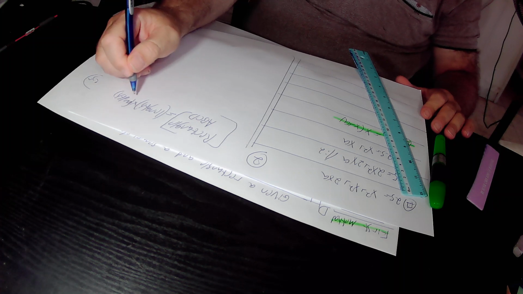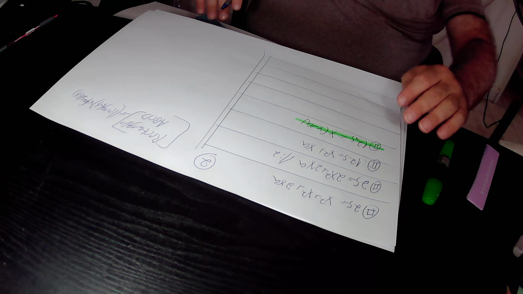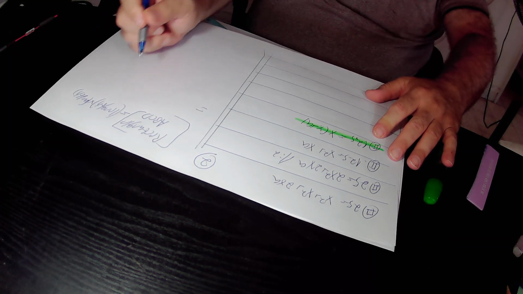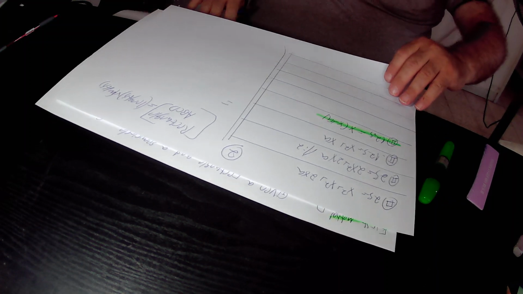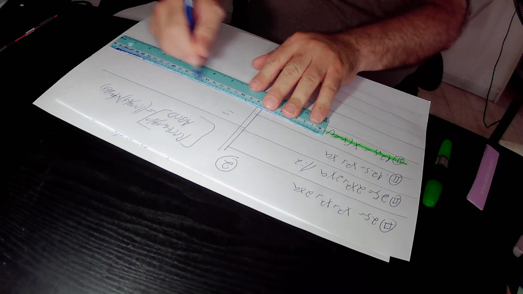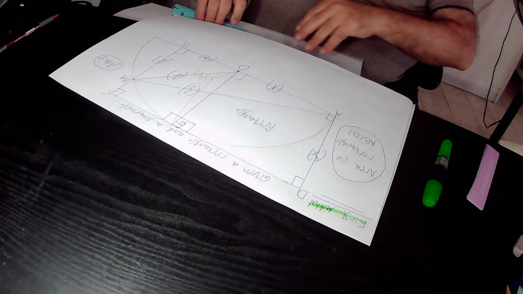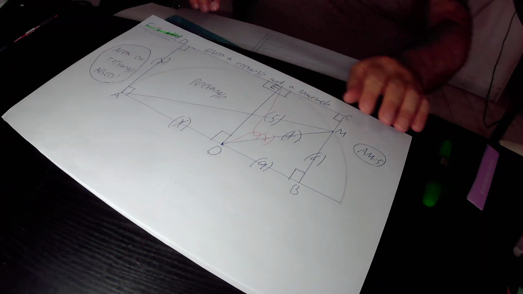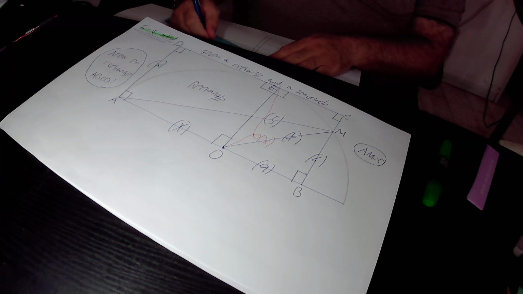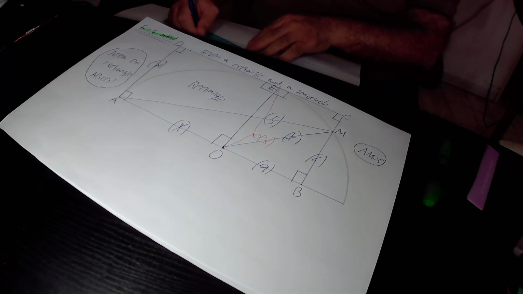And therefore, the area of this rectangle ABCD must be equal to the length of rectangle ABCD times the width of rectangle ABCD. The length of this rectangle ABCD is AB, times the width. The width of this rectangle ABCD is DA.